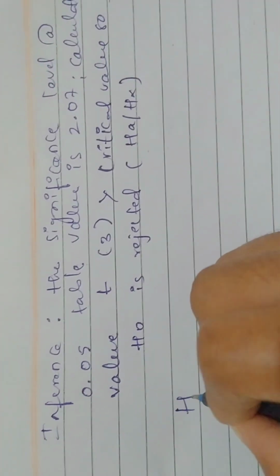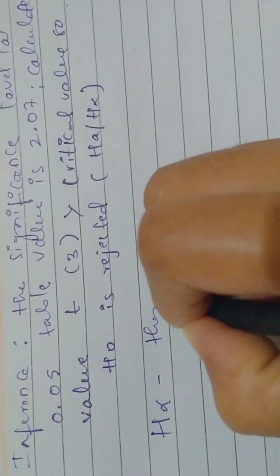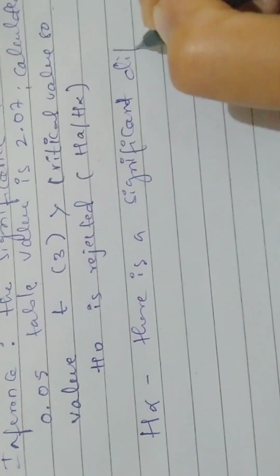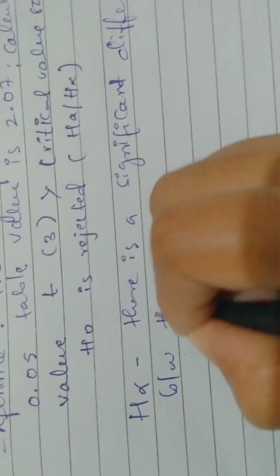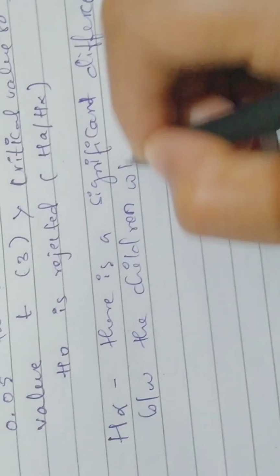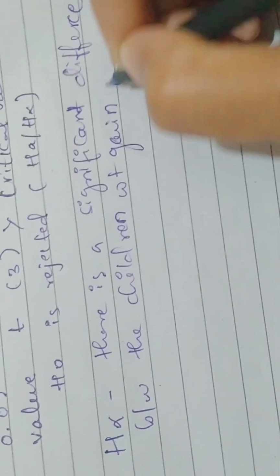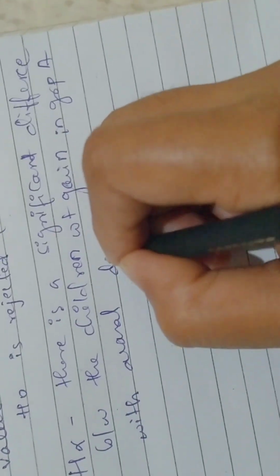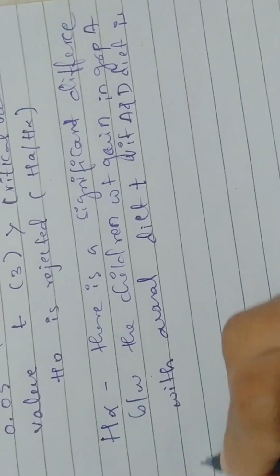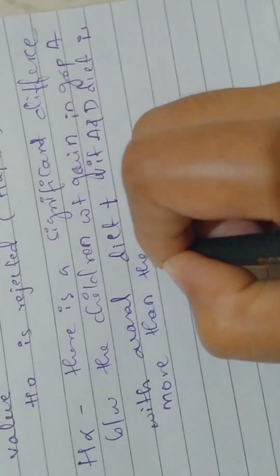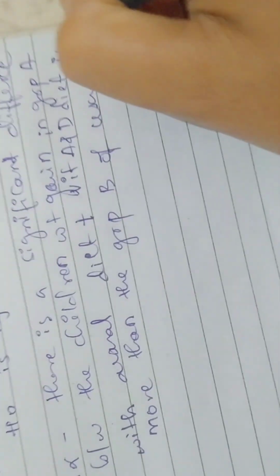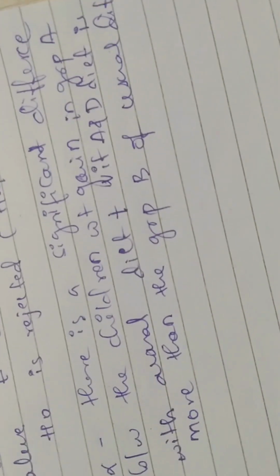This alternative hypothesis says that there is a significant difference between the children, or else the weight gain in group A with usual diet plus vitamin A and D is more than group B with usual diet. So there is a significant weight gain in group A compared to group B children.